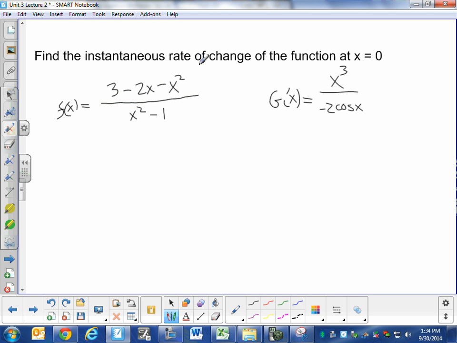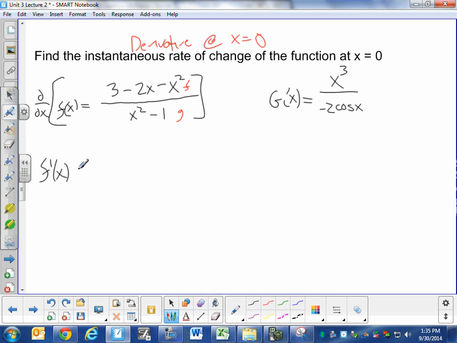That's the instantaneous rate of change. The same thing as the slope of the tangent, the same thing as the derivative. Well, you have to use the quotient rule. This is f, this is g.